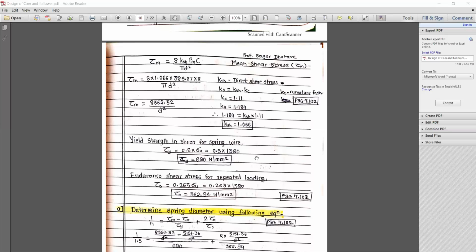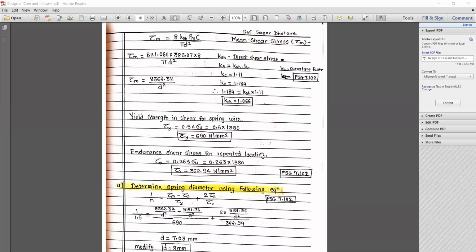So the yield strength in shear for spring wire, tau m, is equal to 0.5 times sigma u. So 0.5 into 1380, that is the yield strength in shear of the spring, is equal to 690 Newton per mm square.